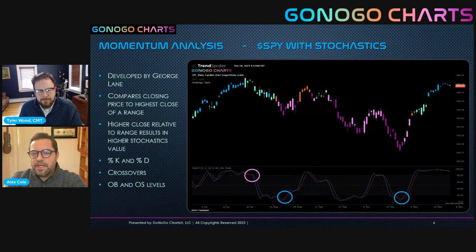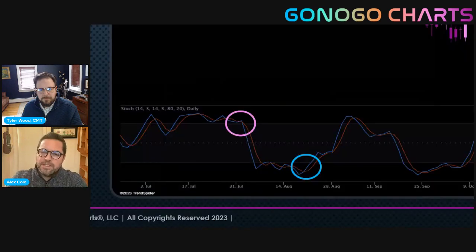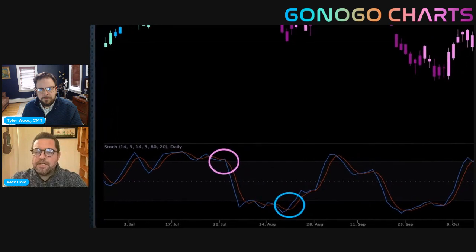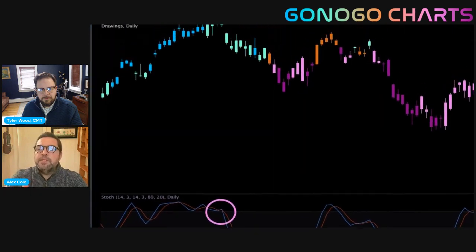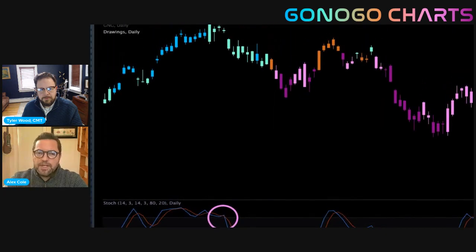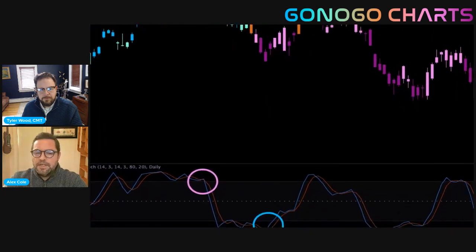The way we look at stochastics to get a sense of whether a security has been overbought or oversold is to compare price to the highest prices for a range. So if we are in an extreme movement of price, then the stochastics reading would be high. We would be saying that price right now is the highest it's been for a period of time. And that's the way that the stochastics is calculated.